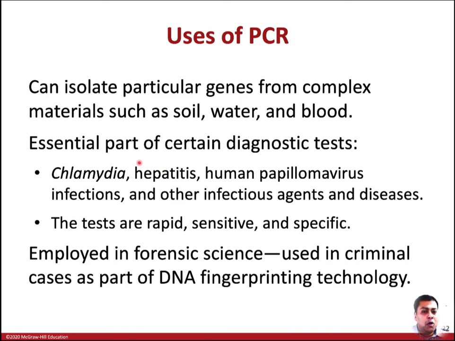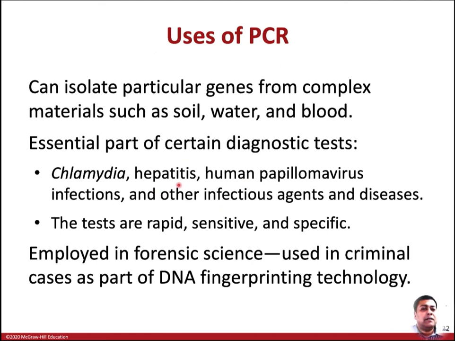And if you know the number of base pairs in between. Suppose you have a gene which is 1.5 kilobase, 1500 base pair. So one primer is binding at one end, another primer at the other end. So when the PCR product is produced, it's going to be 1500 base pair long.